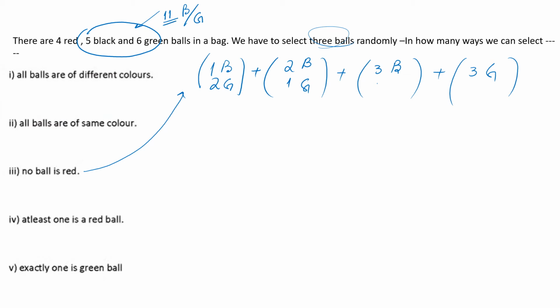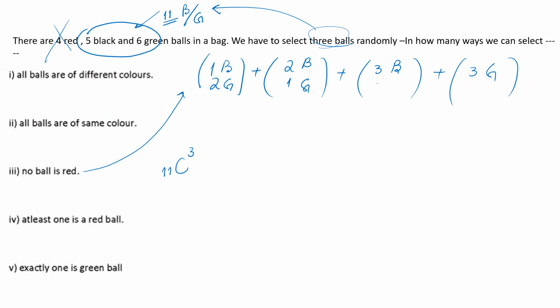They are saying that no ball is red, which means you don't need to choose a red ball. Only choose the three balls out of the remaining 11 balls, so you can easily say 11C3. There are 11 balls, and out of the 11 balls you have to select three balls. Understood this part?